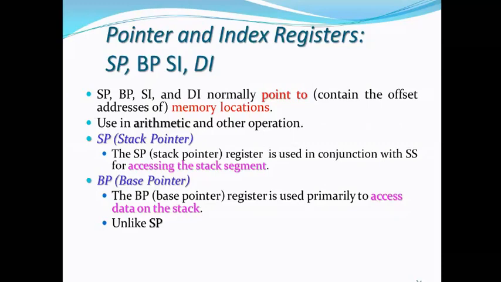Does it make sense? The student who is listening, I'm not telling him to write something down; he will always be busy listening. Similarly, the microprocessor uses some pointers in order to access the data in the memory. All these pointers and the index registers are used by the microprocessor just to have access to the data.